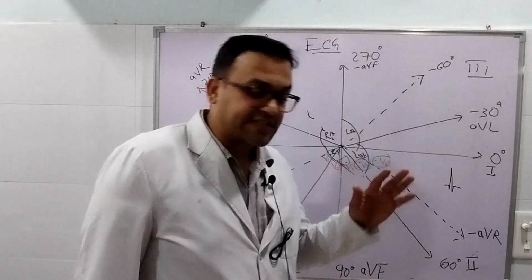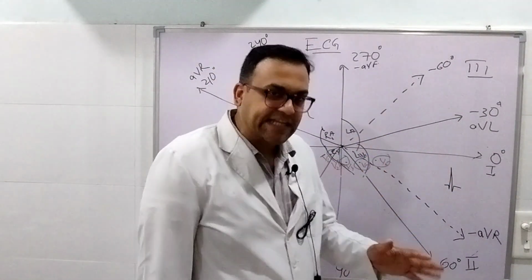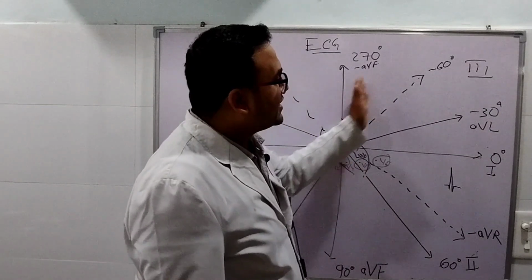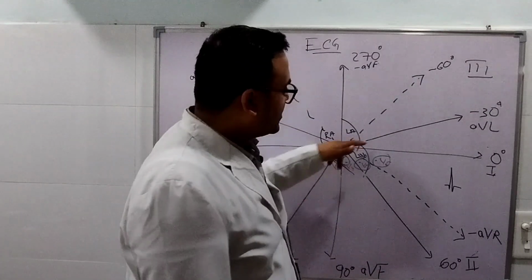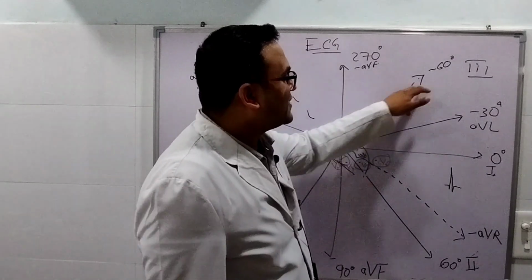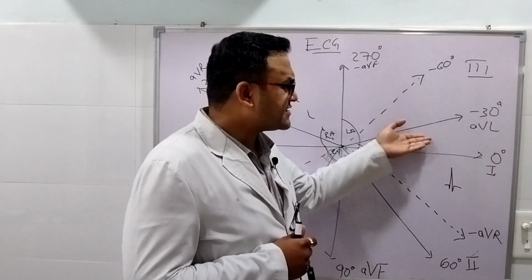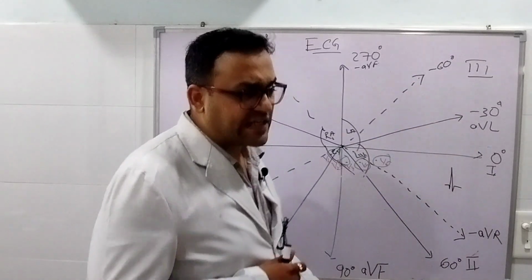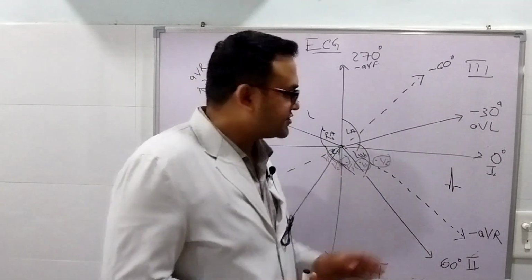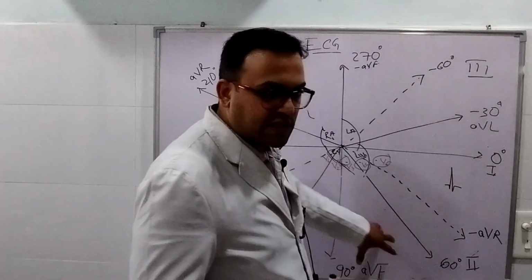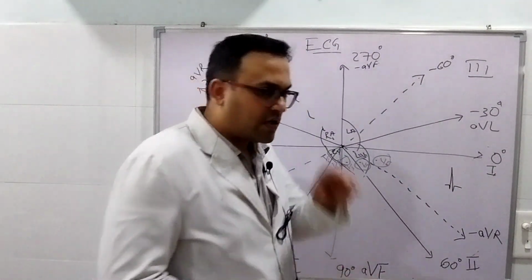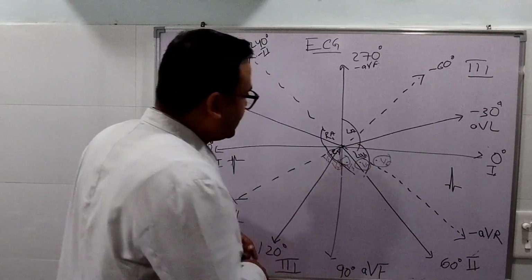Out of these 3, this is the setting which is done in the machine. They derive all this. The solid lines, the dotted lines, we have to reverse and see. The solid lines, the 6: 1, 2, 3, AVR, AVL, AVF. Out of these 3 electrodes, the machine does all the work. It is a setting in the machine which does all the work. Okay, so now let's go ahead.